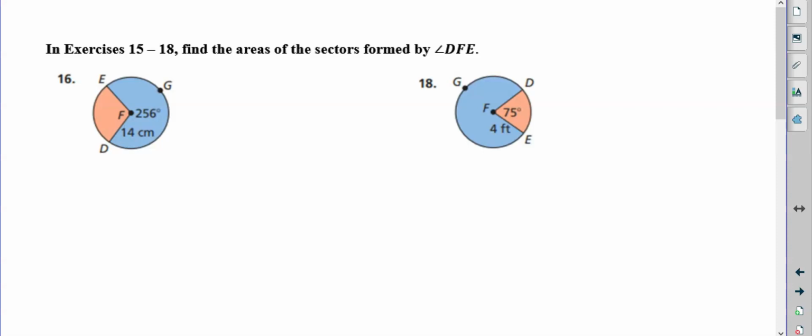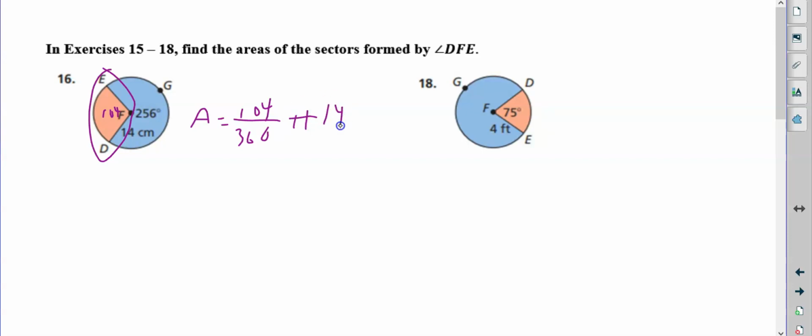Okay. It says, find the area of the sectors formed by DFE. So DFE, we're looking right here. So we have to first find out what this number is. So we subtract 256 from 360, and we find out that this sector is 104. So area is 104, the piece we have, out of the entire circle, times pi r squared.